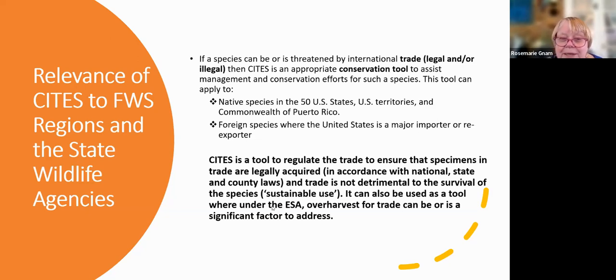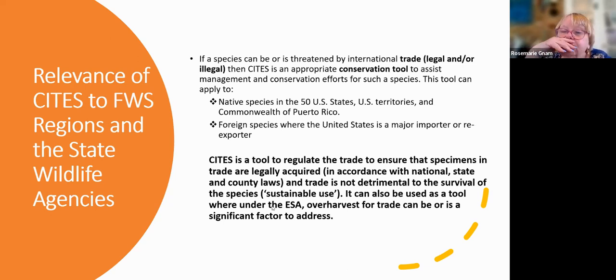It can also complement efforts under the ESA where there's a concern about trade. A good example that comes to mind is paddlefish, which were listed in the CITES appendices in 1992 because the Fish and Wildlife Service had received a petition to consider them under the ESA. In determining that finding for the ESA, it was found that trade, if not regulated, could pose a threat to paddlefish.